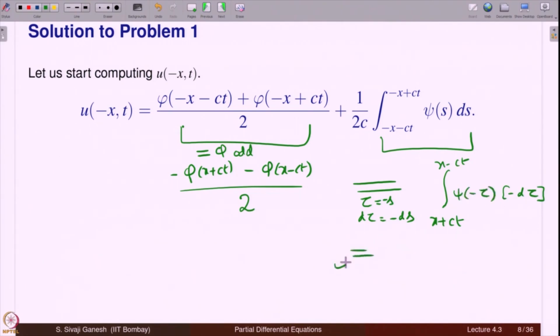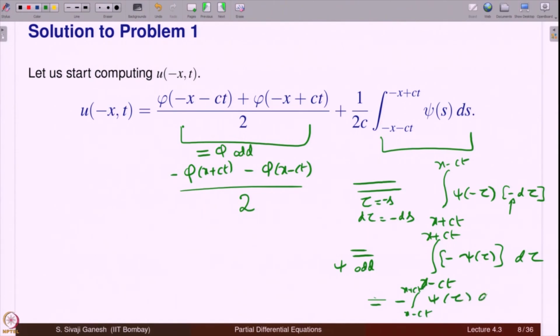But now psi is odd, therefore, in the integral psi of minus tau is minus psi of tau. Now, this minus d tau, the minus here corresponds to change of these limits, upper and lower. And that is nothing but minus the integral from x minus Ct to x plus Ct of psi tau d tau.